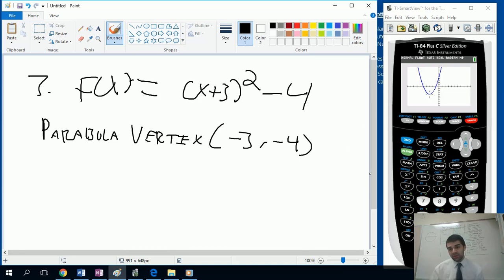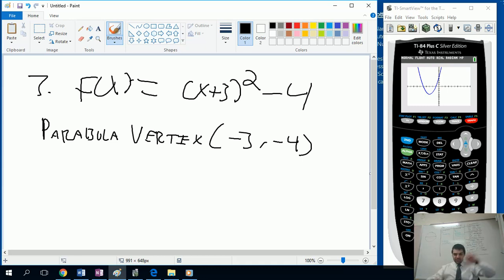Notice to the left of the vertex, the parabola is decreasing, which means it has a negative slope. And then past the vertex, it has a positive slope, which is increasing. Remember, you can do the dance to figure out whether something's positive, negative, 0, undefined.